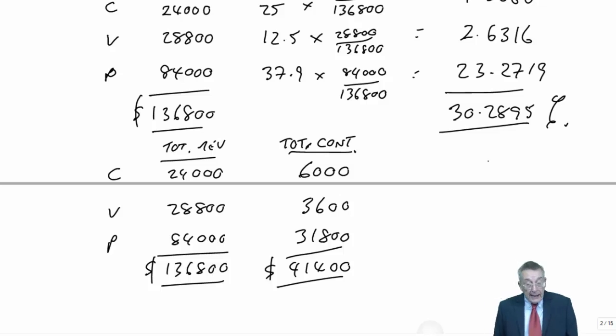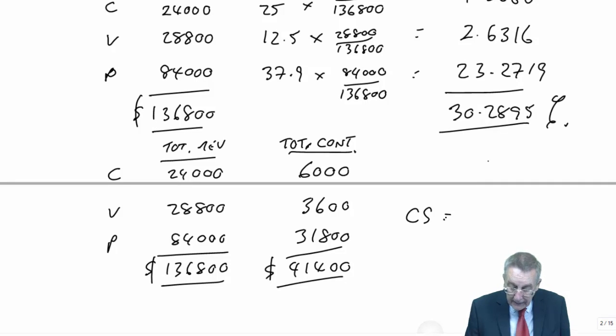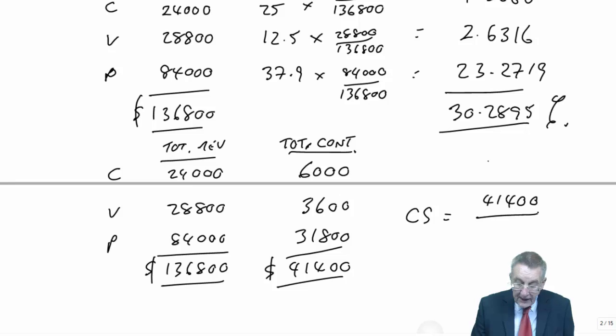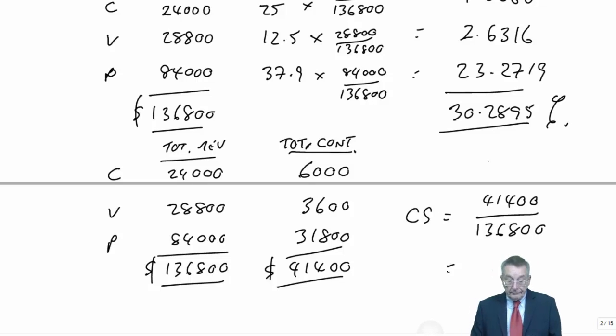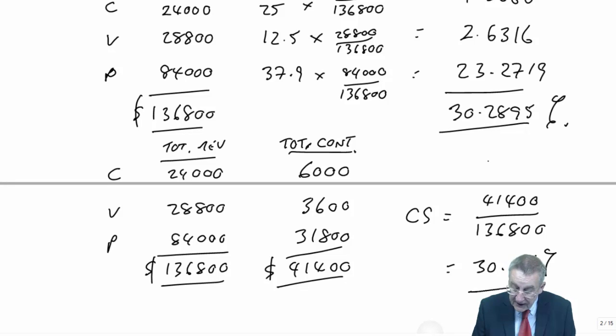And having done that, the overall CS ratio, total contribution 41,400 divided by total revenue gives us, I hope, the same answer. 30.26%.